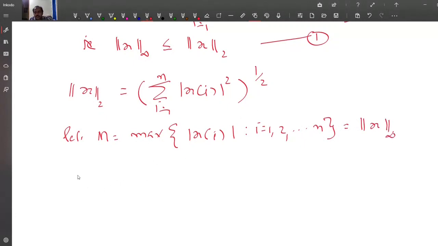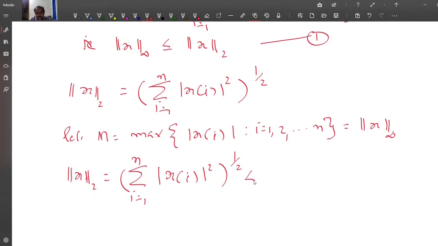Then the 2 norm of x is equal to (sigma i equals 1 to n modulus of x_i squared) the whole raised to 1 by 2, and you replace each term with m. So we get this is less than or equal to (sigma i equals 1 to n m squared) the whole raised to 1 by 2.